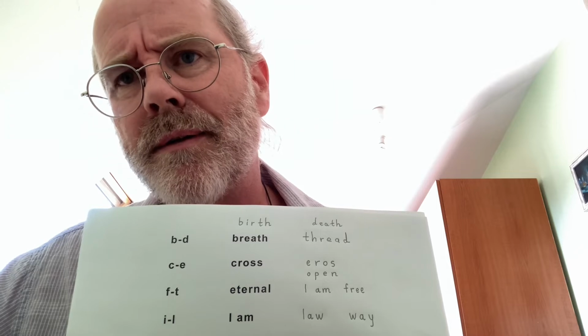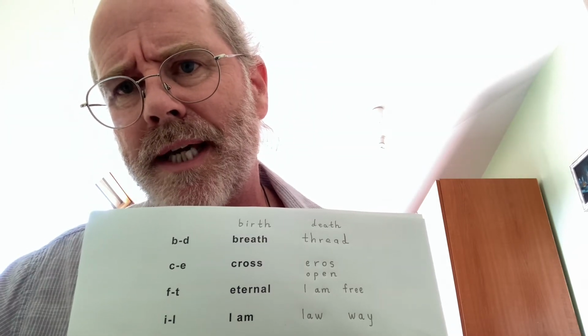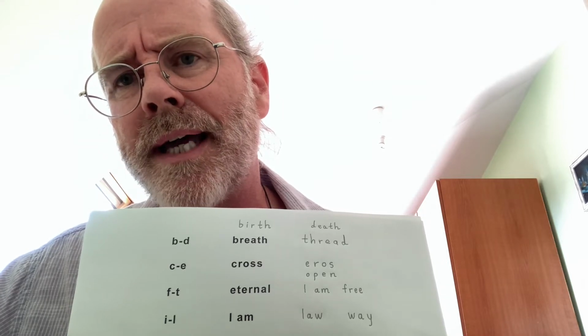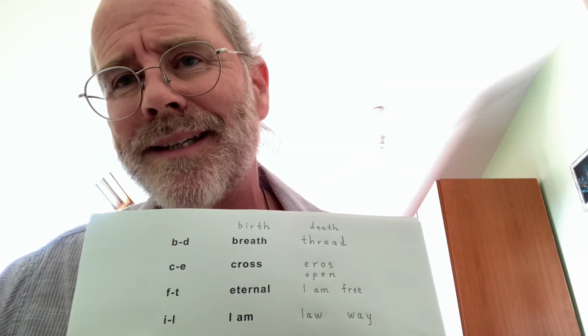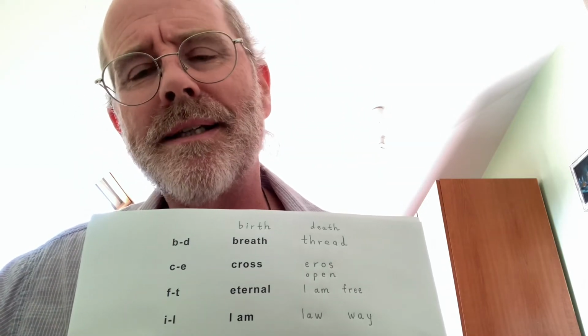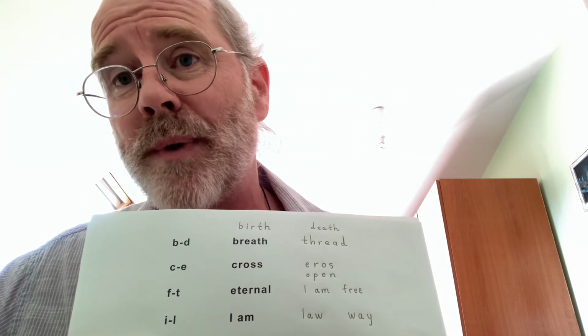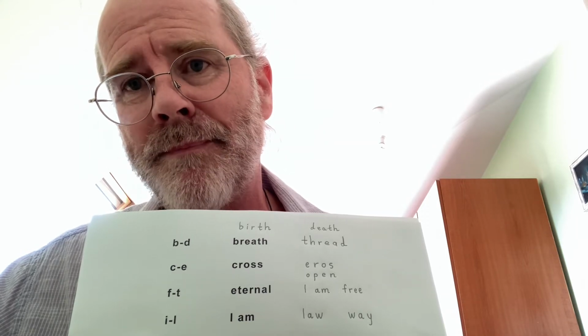I will give another connection here which confirms this, and that is, if we read the I of I am as an L, which is what it looks like, and just add a B, a silent B at the end, we get lamb. Lamb.